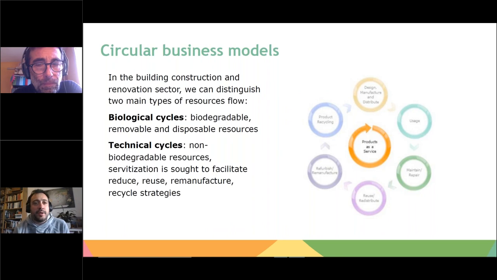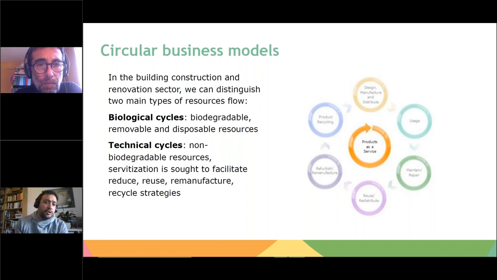Well, the circular economy in the building construction sector has been reflected on in the last 4 or 5 years. It has gained importance, and in terms of building construction, which is a very material and energy consuming activity, the circular economy establishes that there are two different cycles that have to be managed and paid attention to.